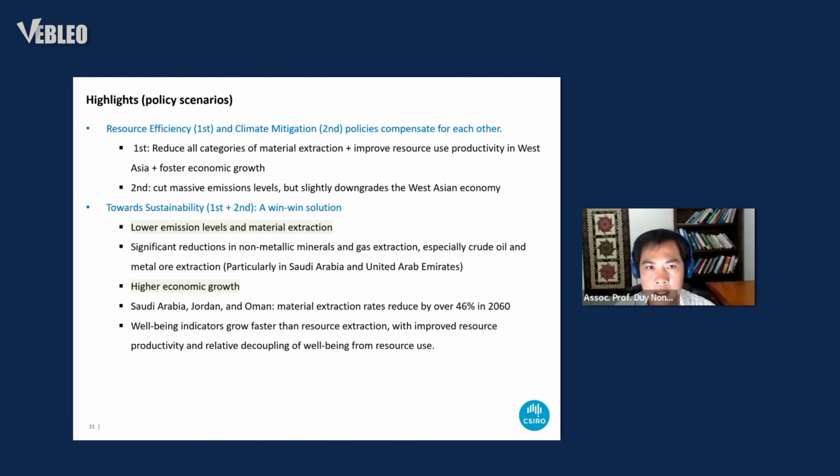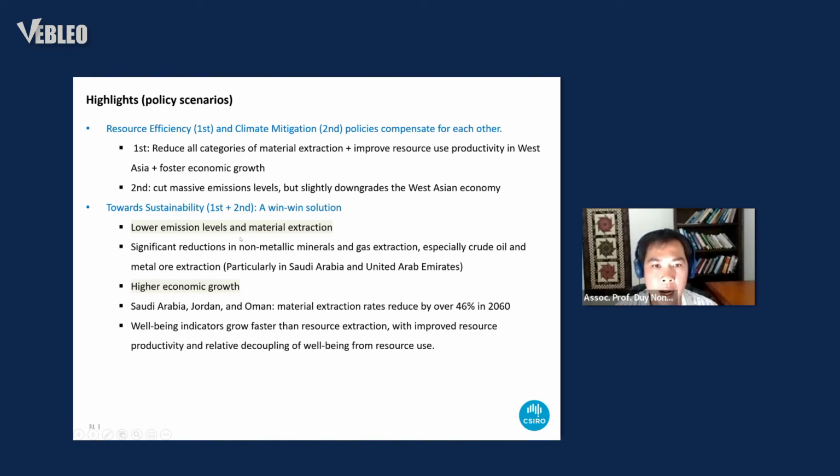compensate for each other. The first policy tries to reduce all categories of material extraction, improve resource use productivity, and also foster economic growth. But on the other hand, the climate mitigation policy reduces greenhouse gas emissions massively and only slightly downgrades the West Asian economy, thus it reduces the real GDP.